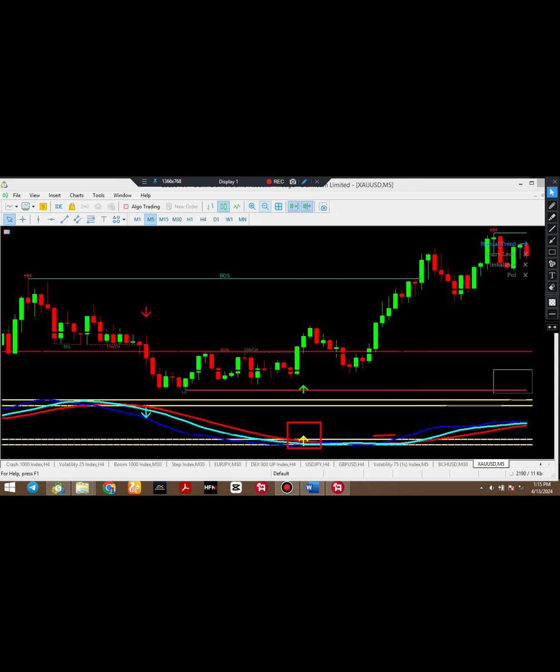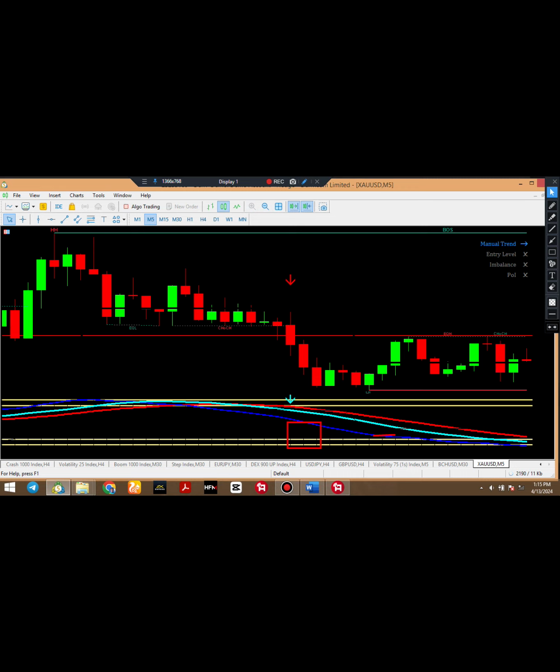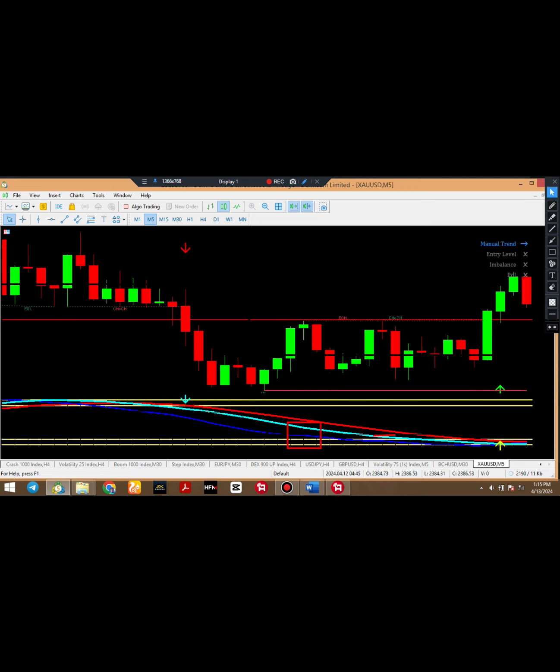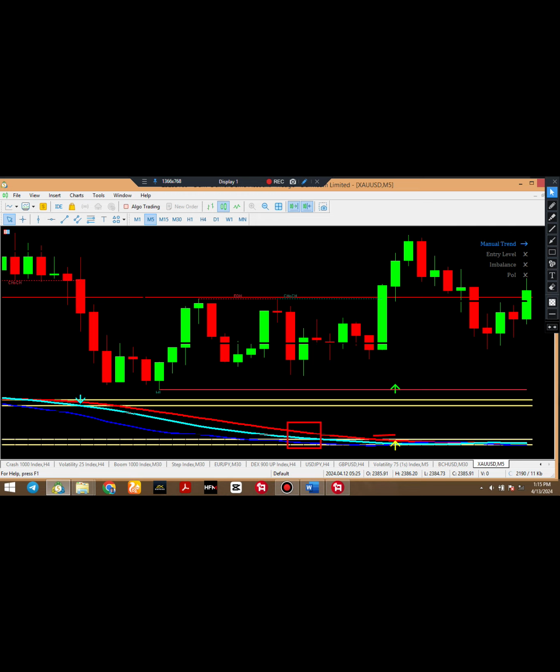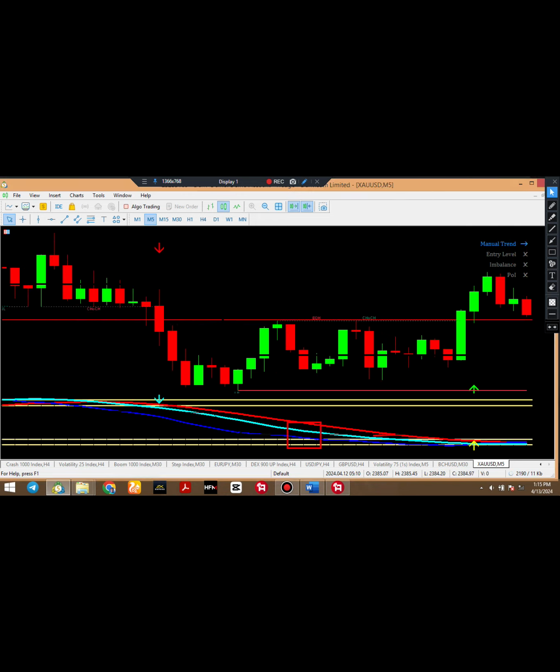Let me try and track where we got that entry. If you look closely, there was a break of structure here, in fact telling you a change of character. At this point price has created what we call a BOS. The last bearish candle that led to the change of character or break of structure becomes our BOS.